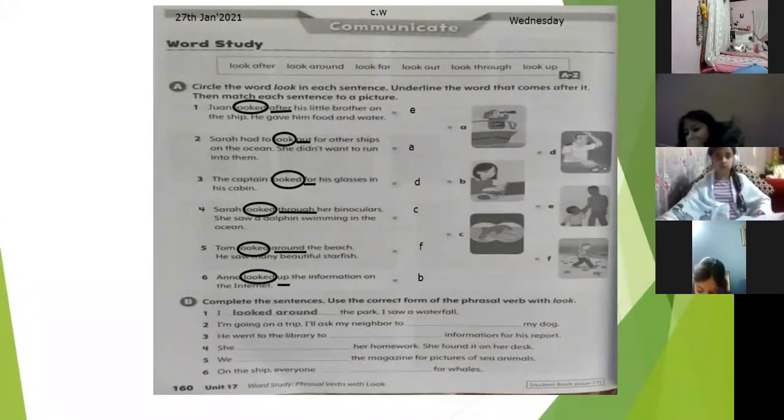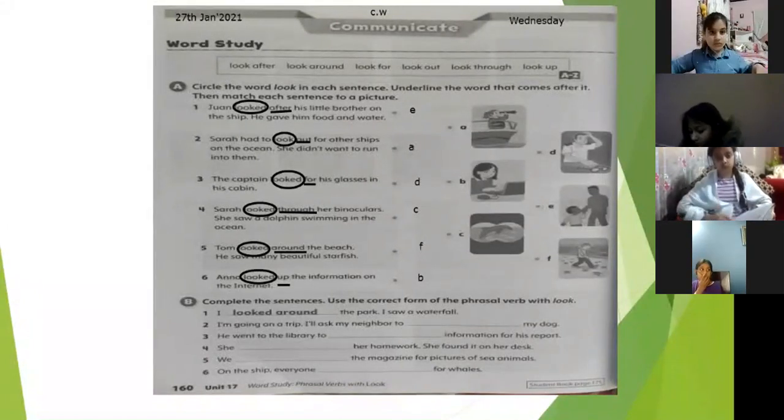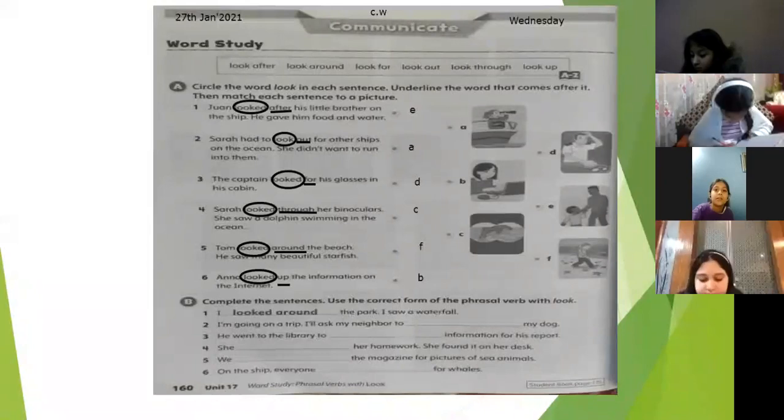Okay, girls, I'm giving you 2 to 3 minutes to do the B part yourself, and you have to use the same phrasal verbs which are given at the top of the page. Just read the sentences and do it yourself.